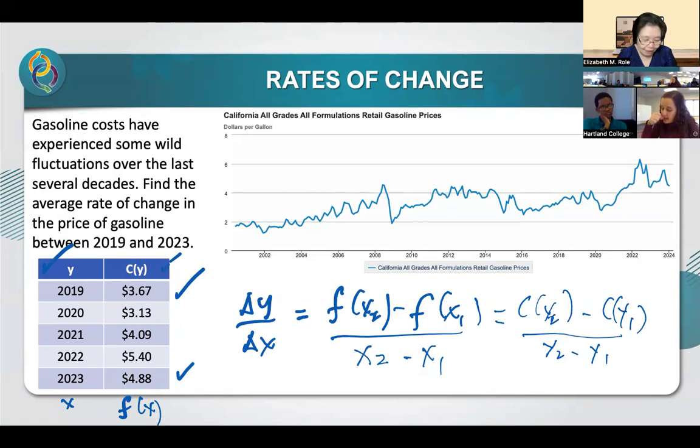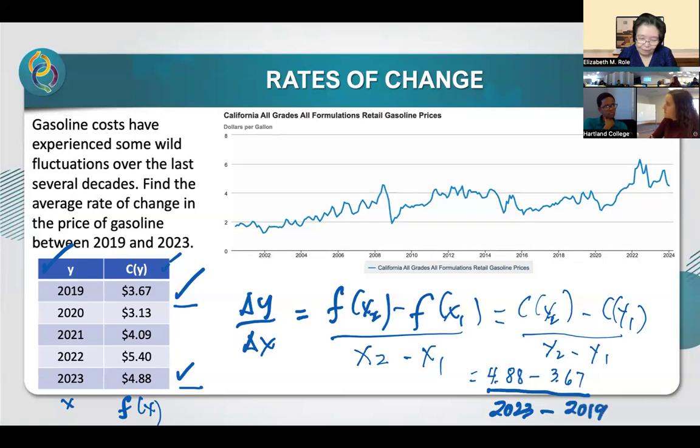So this is now our sub 2, and this is our sub 1. So in 2023, the cost of gasoline is 4.88. In 2019, it's 3.67, divided by year 2, which is 2023, minus 2019, which is of course the total number of years of our range from 2019 to 2023.